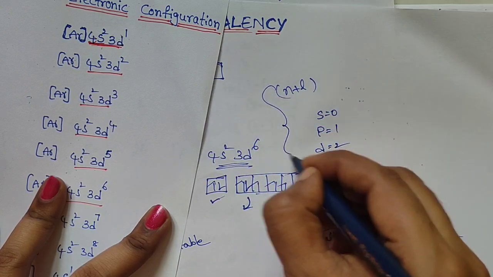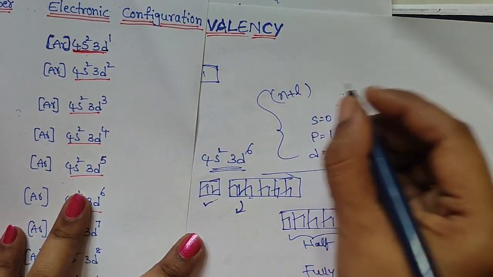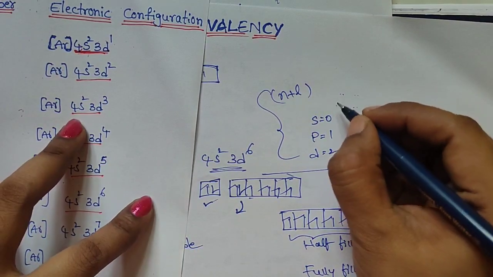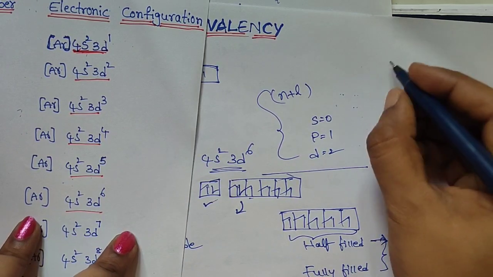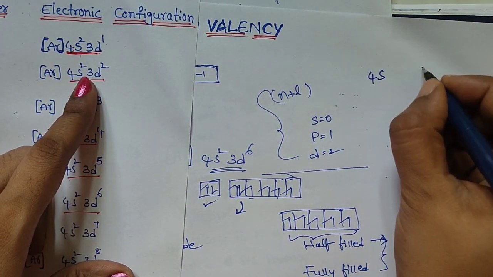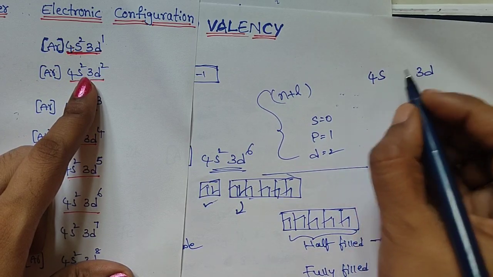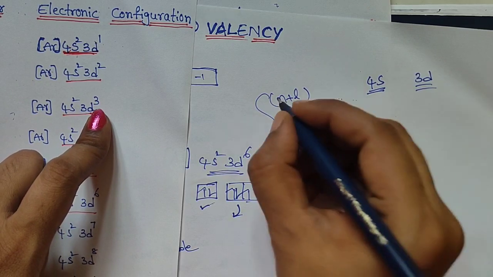It's very simple, N plus L rule. See, now you consider this. We need to calculate the N plus L value for the 4s and 3d.